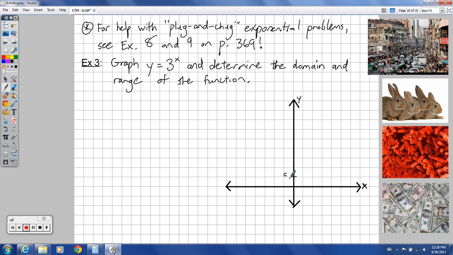Each value here is going to be worth 5, or each one as I move up is worth 5. So 5, 10, 15. Keep that scale the same. 20, 25, 30, 35, and so on. This will continue. But in this direction, since this scale is different, I just want to make sure that we know that this scale is still going to remain just 1 at a time. So we'll go up that way.